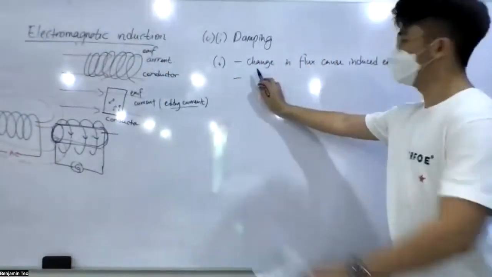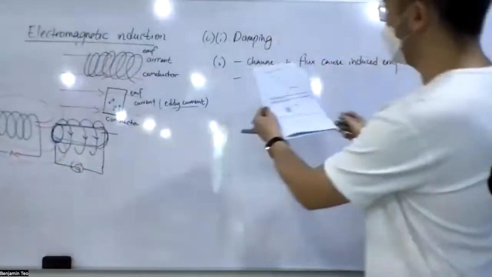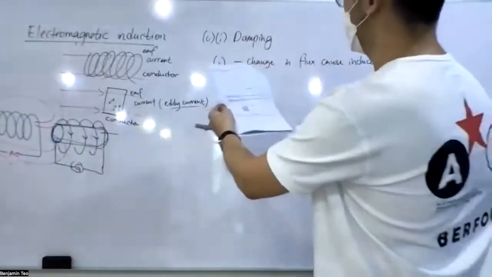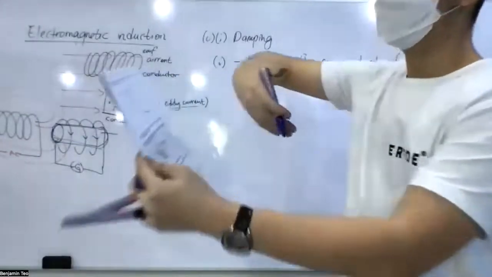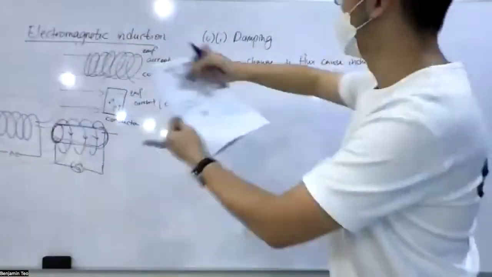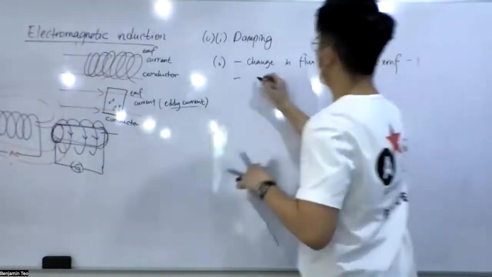Right. So in this example, they take a copper sheet in the magnetic field. They let it oscillate. So that will induce EMF, and then the EMF will induce current inside the copper sheet. Inside the copper sheet. So we'll write here the induced EMF.